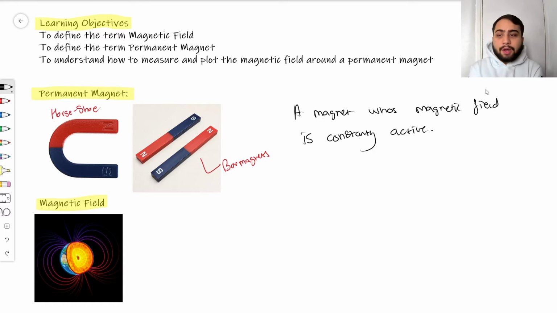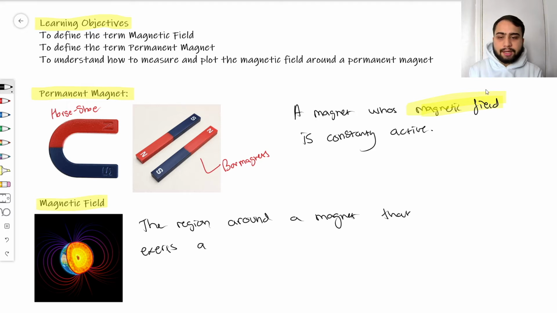But for now, we want to look at this one word here, magnetic field. What does that actually mean? Well, magnetic field really talks about the region around a magnet that exerts, which means to really push out, a magnetic force on charged particles.